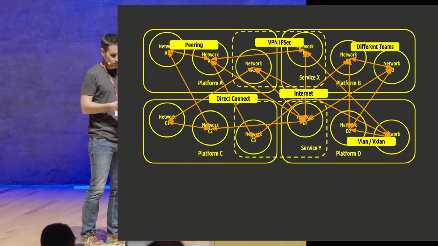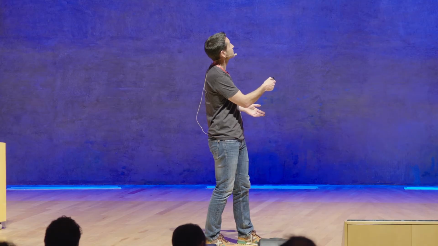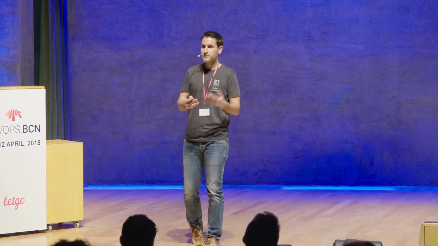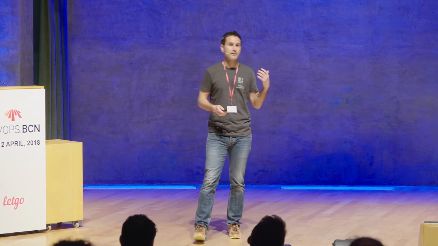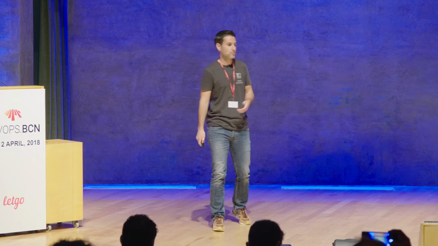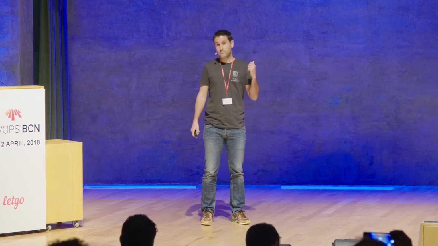But the most difficult part is this: most of the time, these platforms are run by different teams. You can get a global operational idea, but different teams with different skills make it difficult for this to work as you expect. So this was more or less my face when I saw the problem that we had.